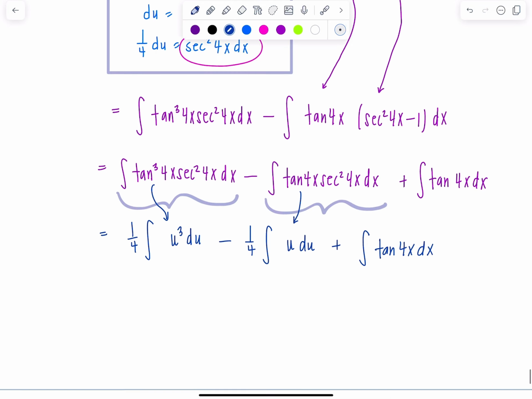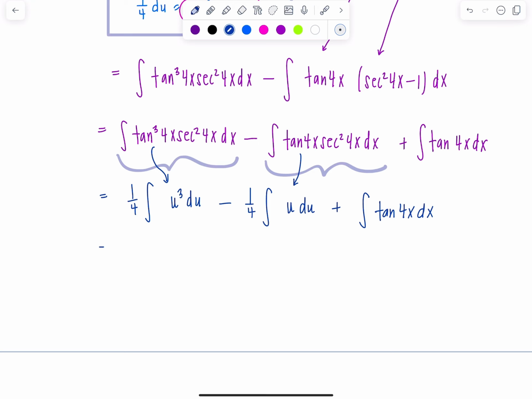Okay, very nice. Let's see. We've got here 1/4 times antiderivative of u cubed is 1/4 u to the 4th. I'm just going to put a big plus c at the end here, okay? Minus 1/4 times 1/2 u squared plus, do you remember antiderivative of tan 4x dx?